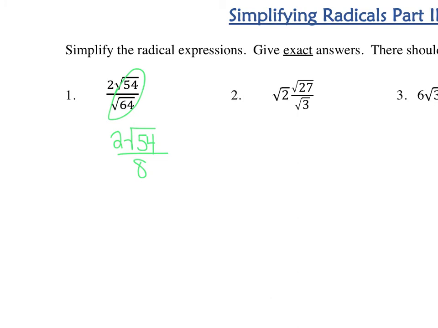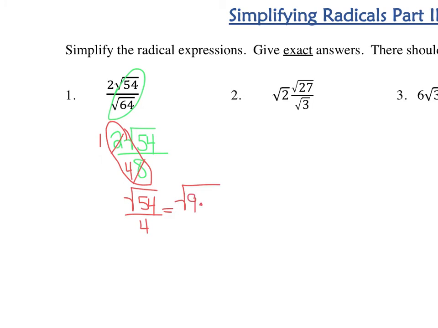Now, because these are just factors, these are terms, top and bottom, I could simplify 2 and 8, leaving me with square root of 54 over 4, because 2 goes into 2 once and into 8 4 times. Now, square root of 54 has a perfect square factor in there.